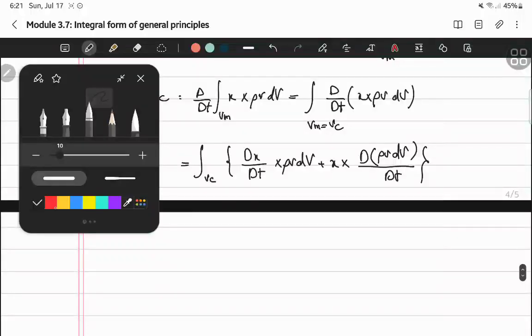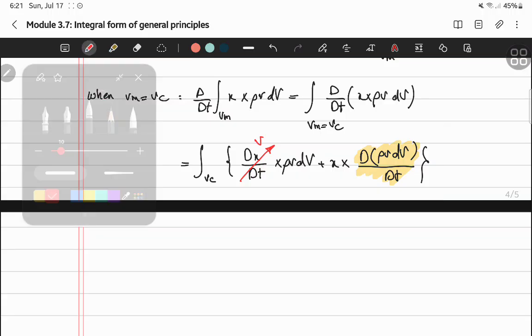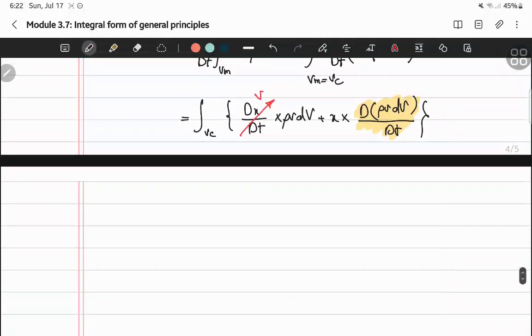Here dx/dt is v. Now we have d(rho v dV)/dt. I take rho and dv as one variable.